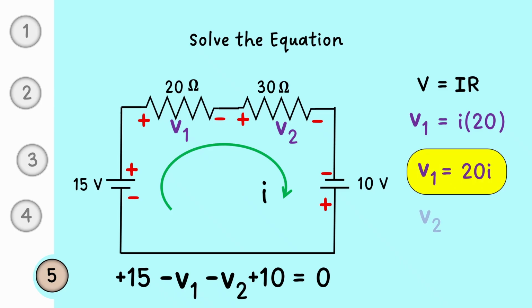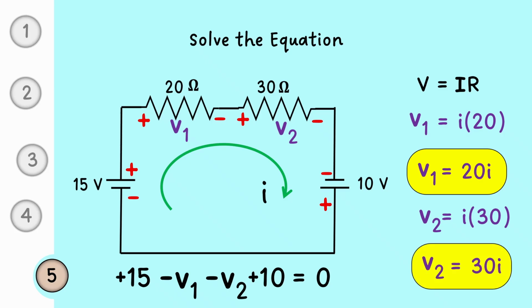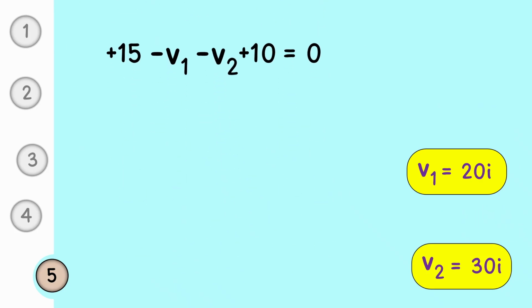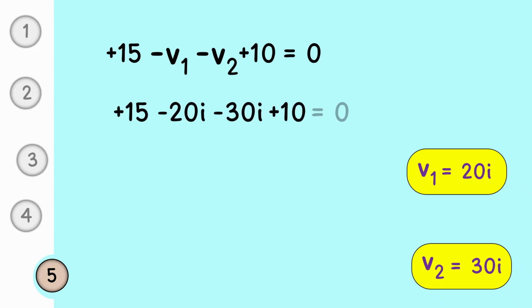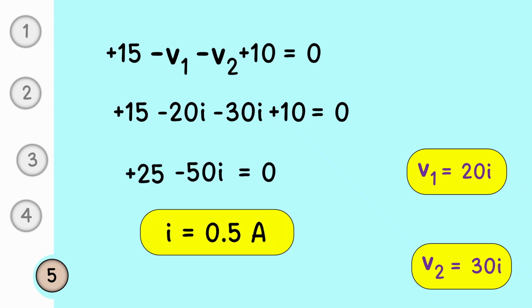Similarly, V2 is equal to I into 30. V2 is equal to 30I. Substituting V1 and V2 into our equation, we get 15 minus 20I minus 30I plus 10 is equal to 0. Simplifying, 25 minus 50I is 0. From this, I is equal to 0.5 amps. The loop current is 0.5 amps.